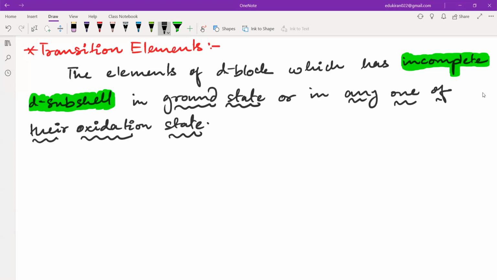Now, I'm going to give you some examples here. You will write the electronic configuration of them, and then classify, tell me whether it is a transition element or not.